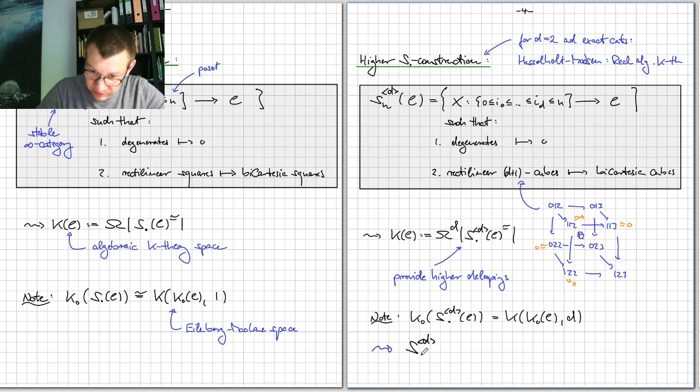And so what we have is that these d-dimensional S constructions are examples of 2d-Segal spaces.